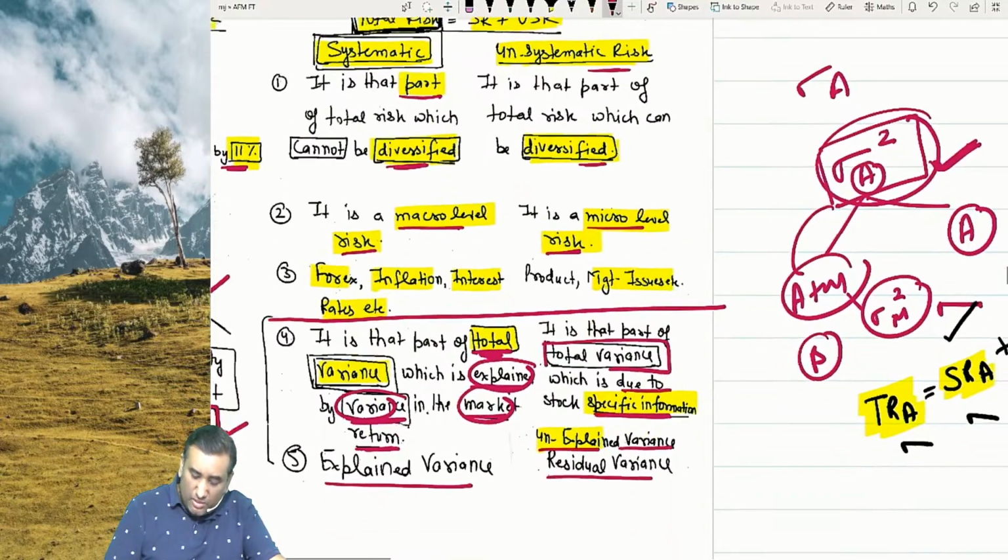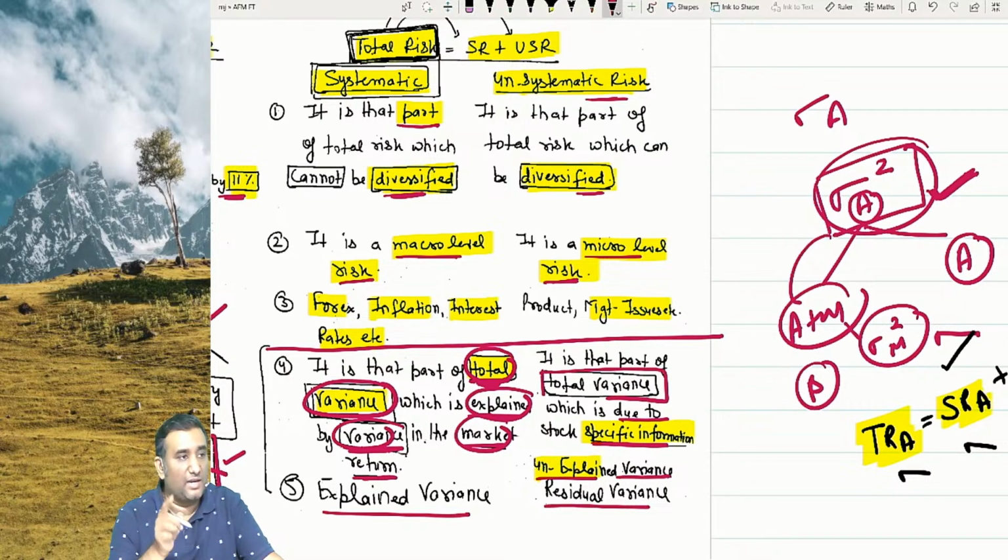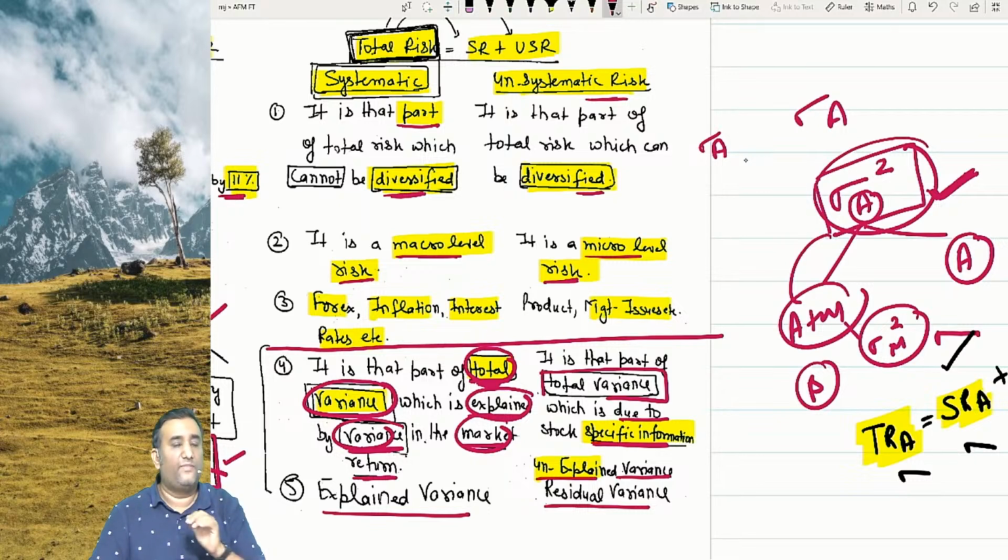Now the second two definitions will explain the way we write the formula. If I write systematic, it is that part of total variance. That means the answer will come in the variance form. It is that part of total variance, and do not get confused. Simply remember, if I write standard deviation of A, it's the risk of a security. This is nothing but total risk, but in standard deviation form.